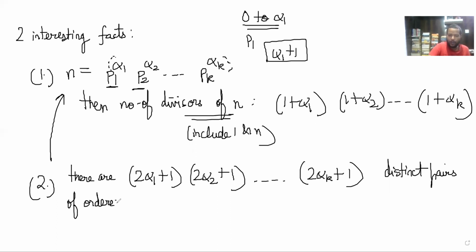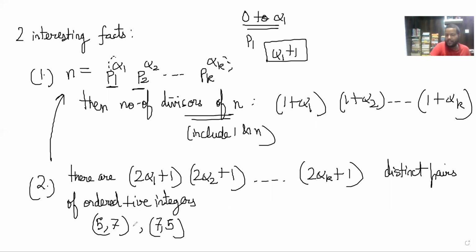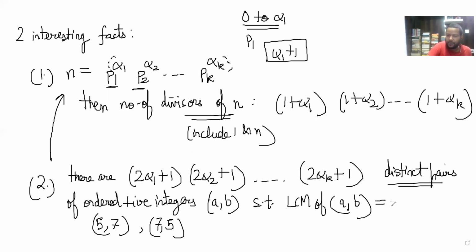Ordered positive integers means 5,7 is a different pair and 7,5 is a different pair, so we are counting the same two numbers 2 times here. So distinct pairs of ordered positive integers A and B such that the LCM of A and B is equal to n.